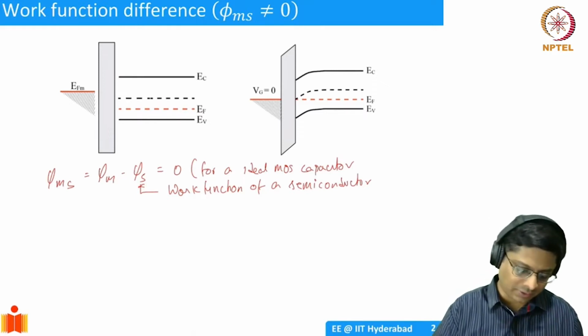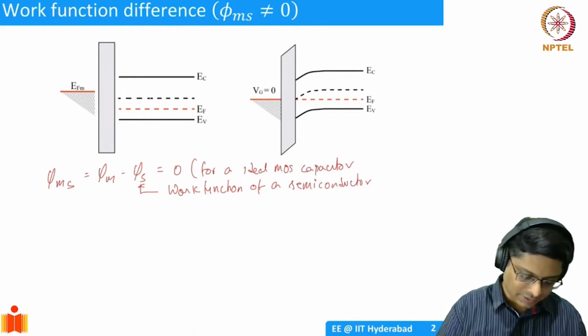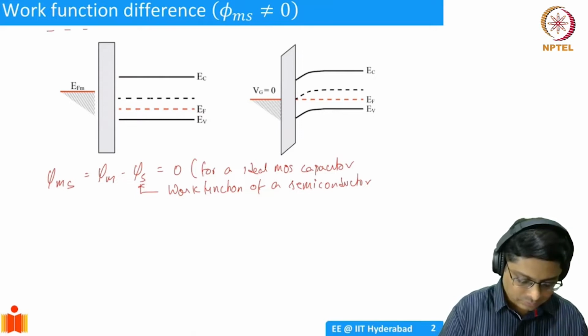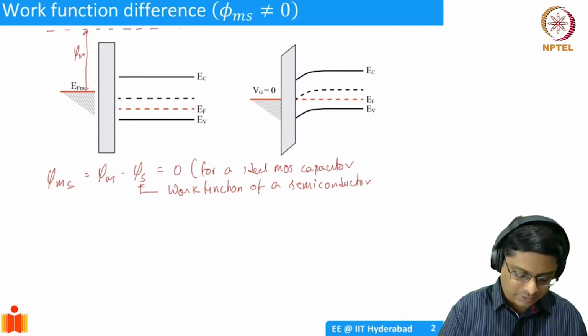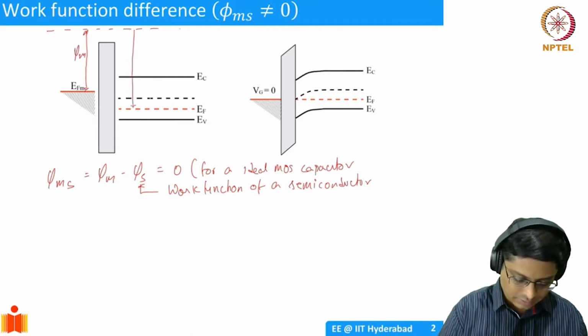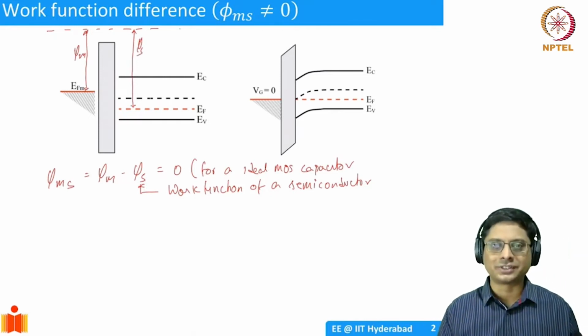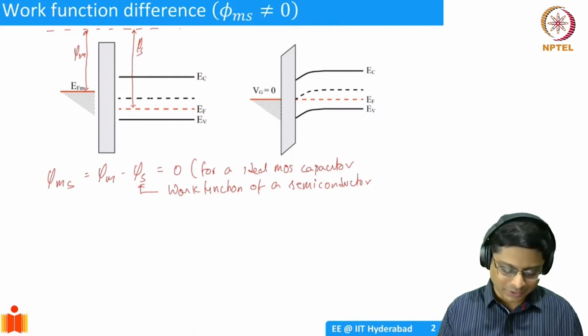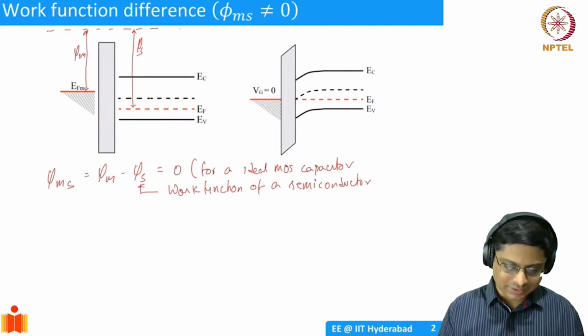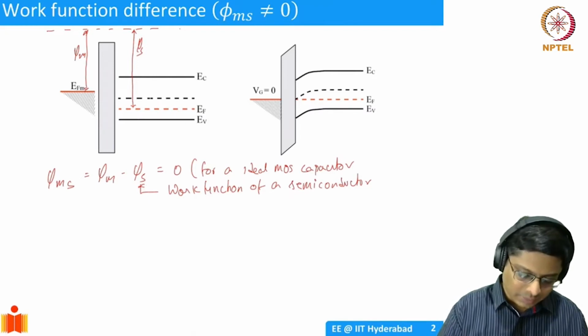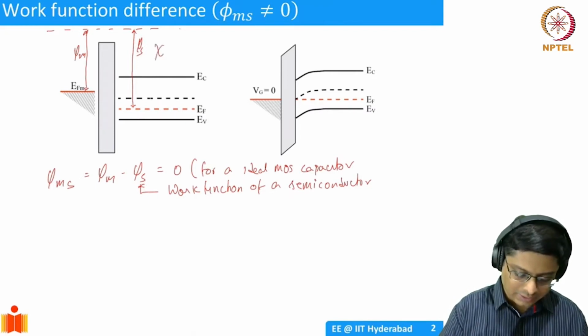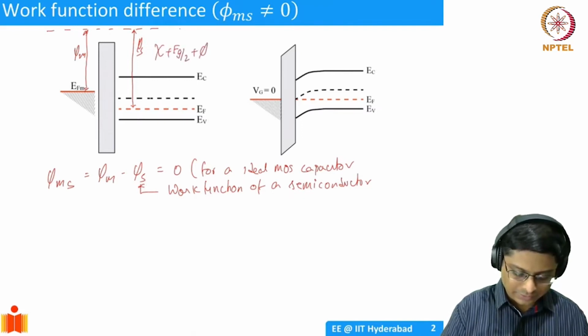For example, let's say there is a vacuum level. You have this, let's call it phi m, and phi s would be this. Please again note that this is work function and not the surface potential. I'm sorry for the unfortunate similarity. So phi s is going to be equal to chi plus Eg by 2 plus phi f.